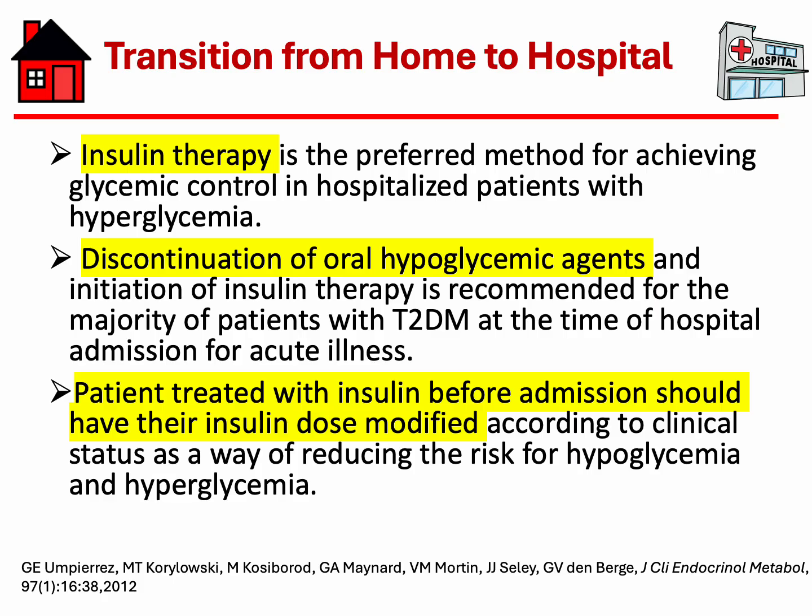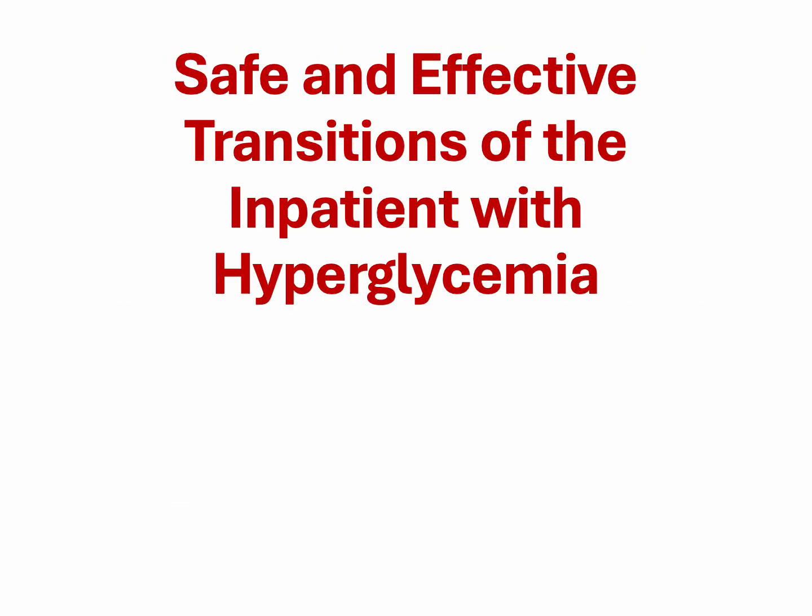And finally, patients treated with insulin before admission should have their insulin dose modified according to clinical status as a way of reducing the risk for hypoglycemia and hyperglycemia also.